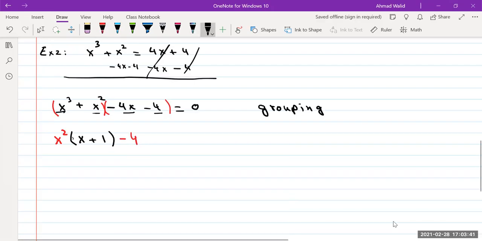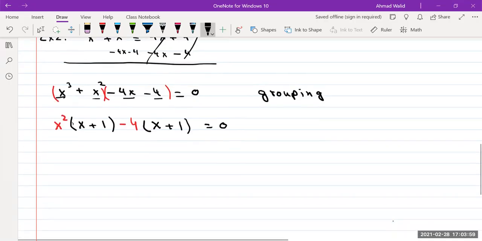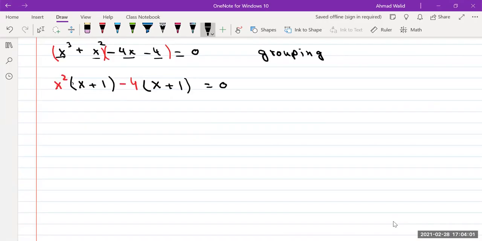Then I'll open a parenthesis and divide these two terms. Negative 4x divided by negative 4 gives you positive x, and negative 4 divided by negative 4 gives you positive 1. Now what you do in the next step, you copy one of the parentheses. You have two parentheses totally the same.